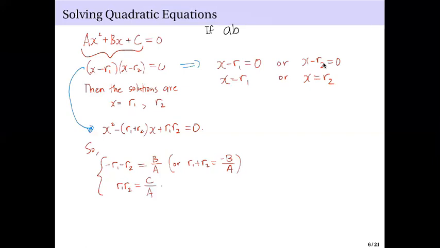If you have the product ab equals 0, then a equals 0 or b equals 0.